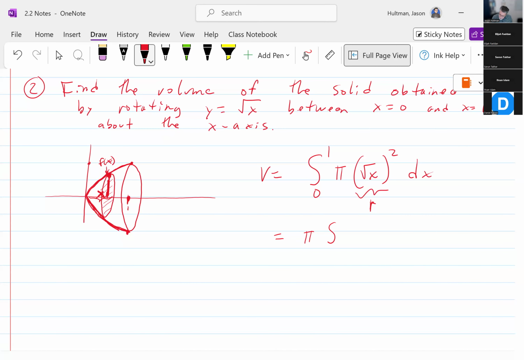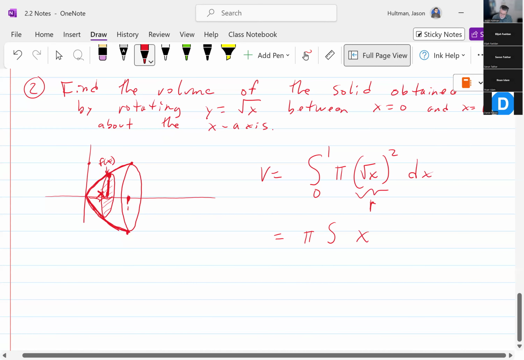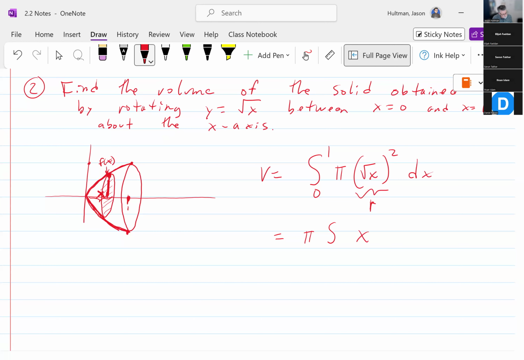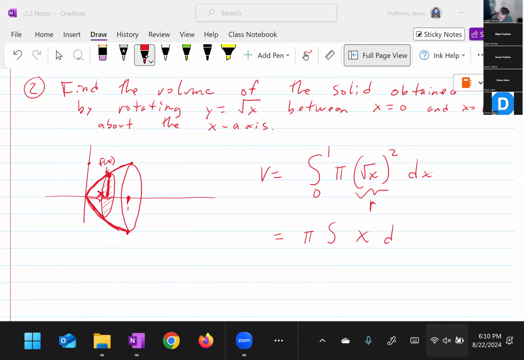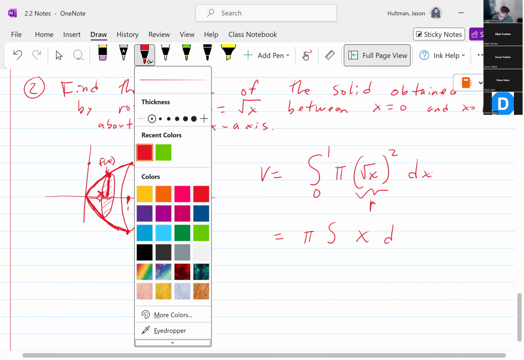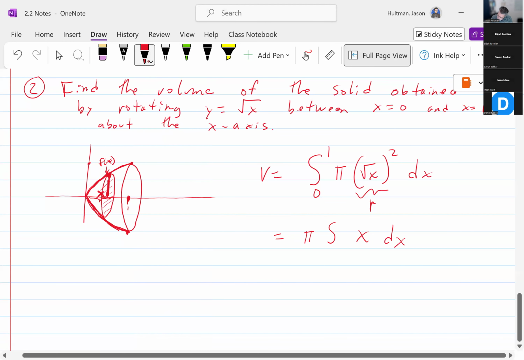Well, that's just x, especially on the interval 0 to 1. So we've got x and then dx. This should be pretty simple to integrate.